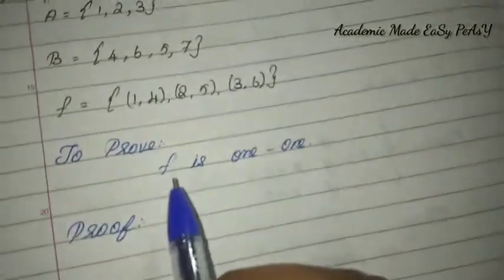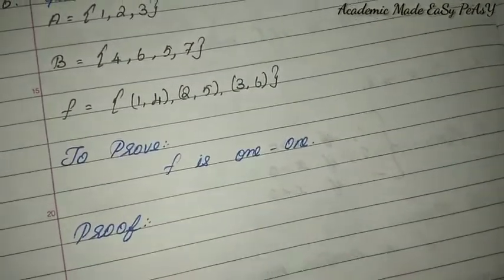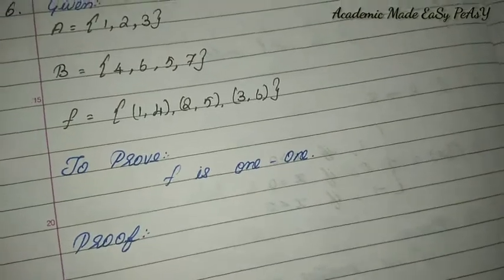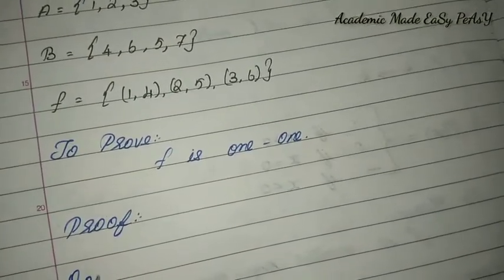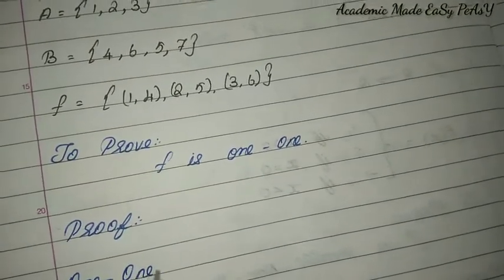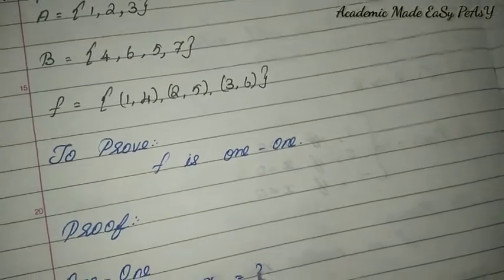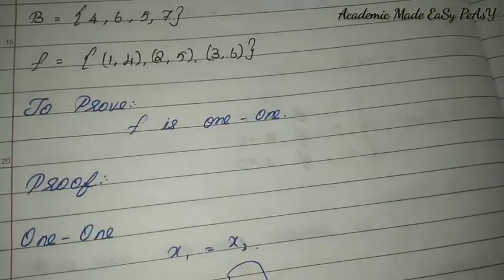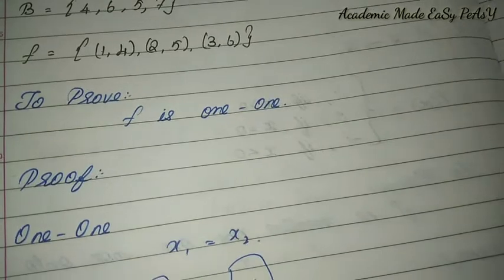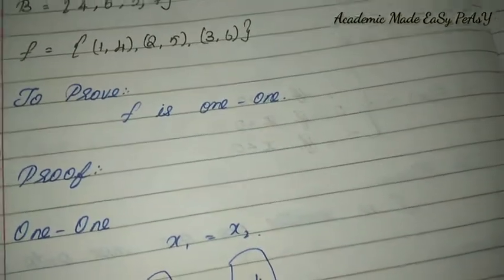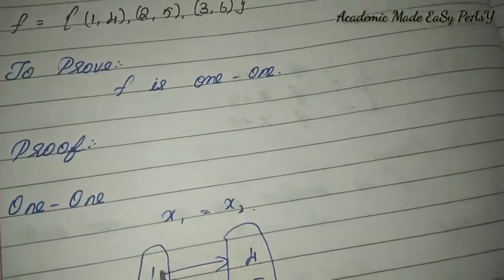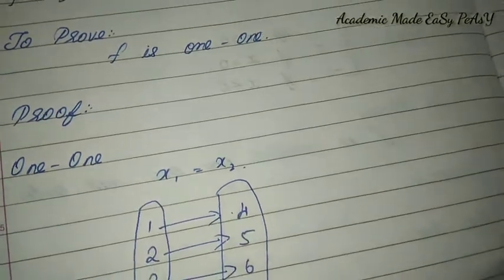Proof, we have to just show f is 1 to 1. So here we need not do onto. So for 1 to 1, x1 should be equal to x2, isn't it? So 1 to 4, 2 to 5, 3 to 6. So every one element is mapped to one element only.